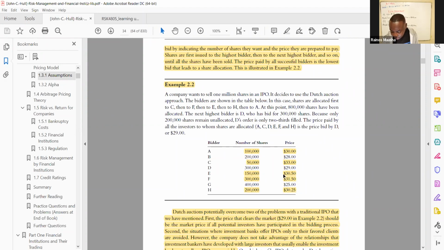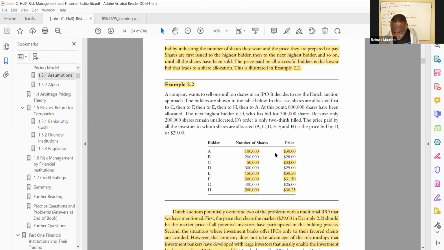Then the next highest bid after this is A with a bid price of $30. So the number of shares now in total is going to be equal to 800 shares.